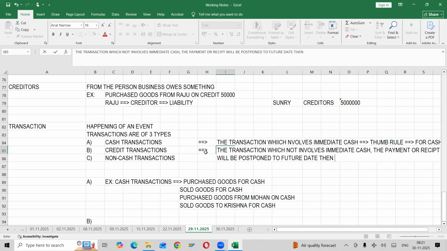Then that type of transactions are known as credit transactions.